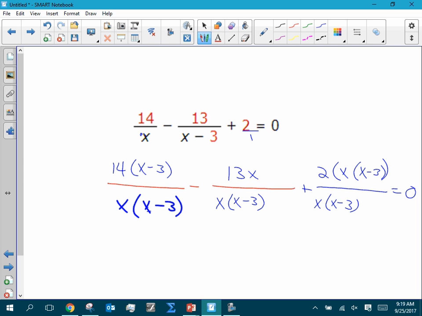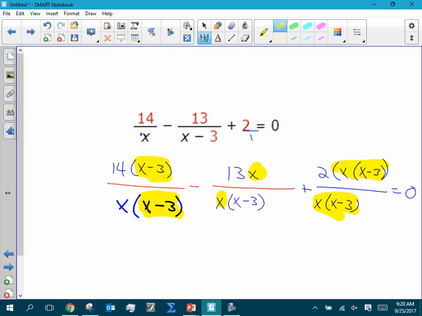Okay. Now here's what I hope you guys realize. Just going to highlight it here. What's x minus 3 divided by x minus 3? That's just 1, right? What's x divided by x? Just 1. What's x times x minus 3 divided by x times x minus 3?